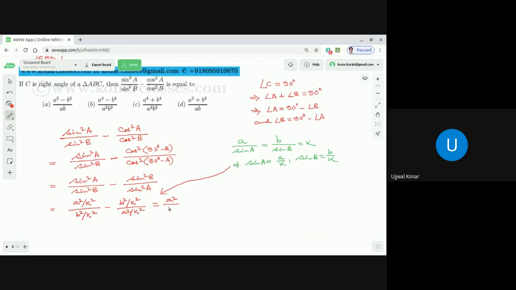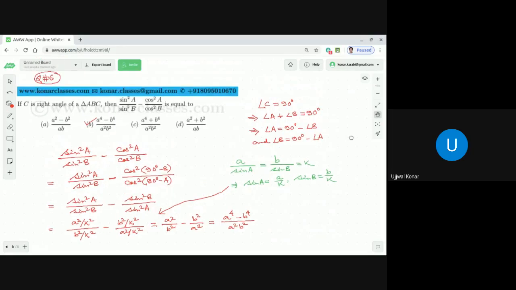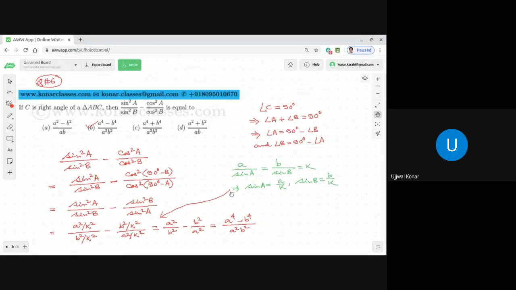It is A square by B square minus B square divided by A square. That we simplify to get A to the power 4 minus B to the power 4 divided by A square into B square, and eventually we get the correct option as option B, dear students. Please have a look into it and never hesitate to let me know if you have any smallest doubt here, dear students.